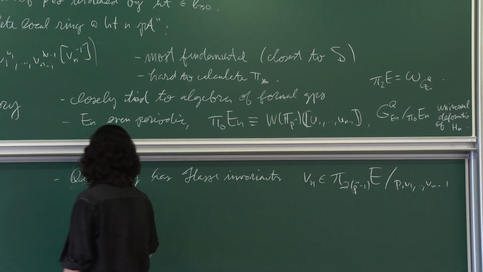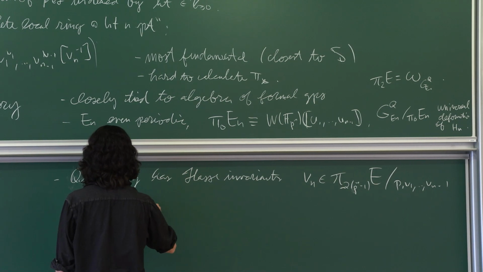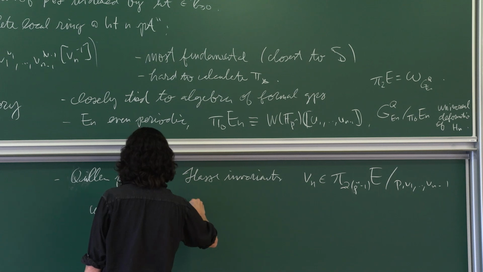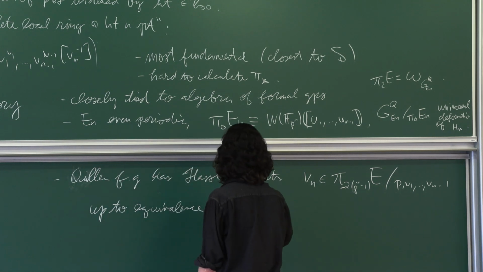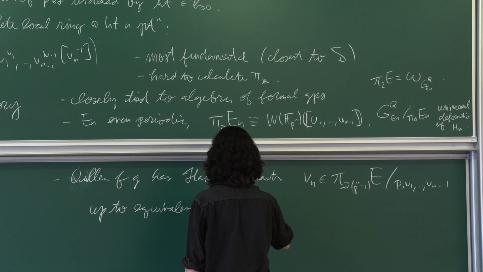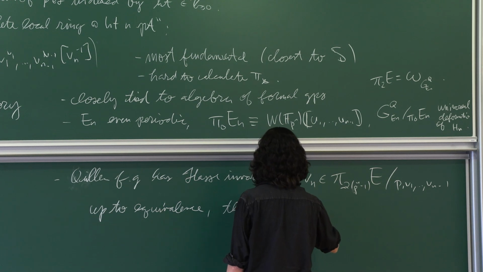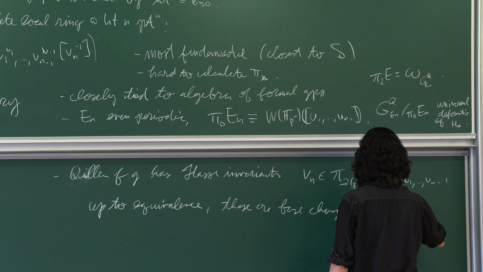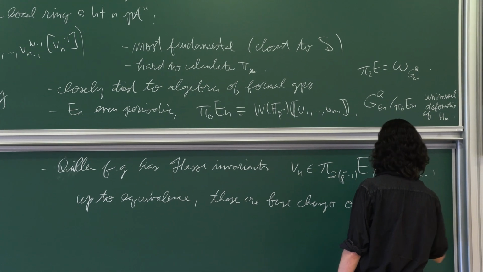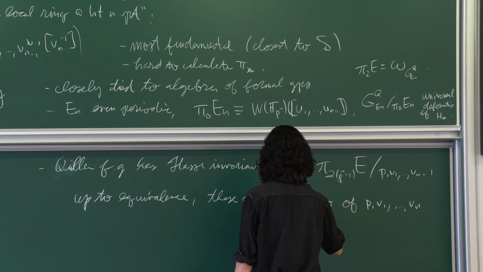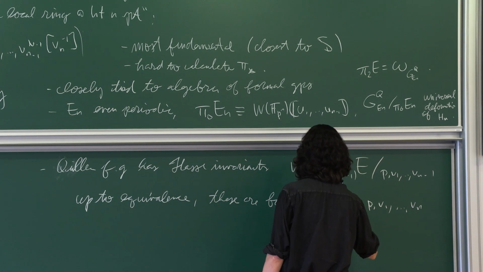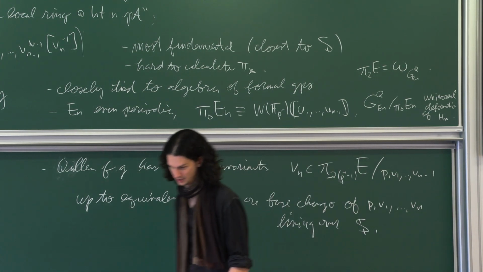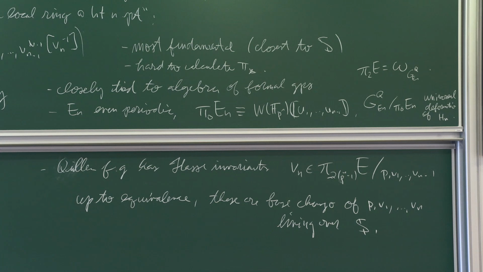Up to this notion of equivalence that we discussed when talking about self-maps in the previous lecture, these are the base change of the p, v_1, ..., v_n living over the sphere spectrum. So that's more or less how you define the notion of a v_n self-map, by this compatibility with the Hasse invariant when you have an even periodic cohomology theory.